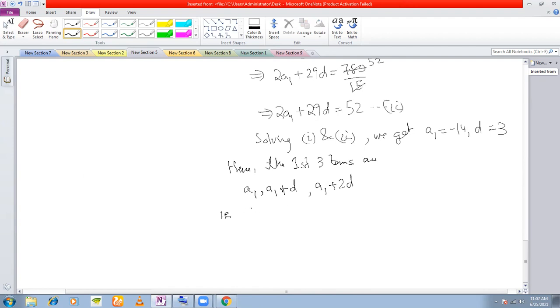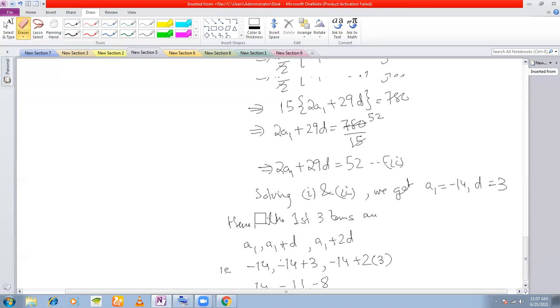A1 here is minus 14, this is minus 14 plus D, minus 14 plus 2 into D. That is minus 14, minus 11, and minus 8. These are the first 3 terms of the AP. Clear with this question? Next question.